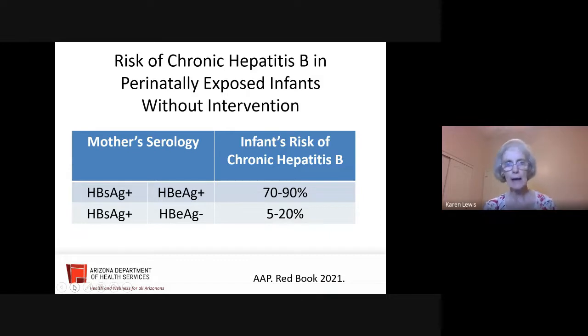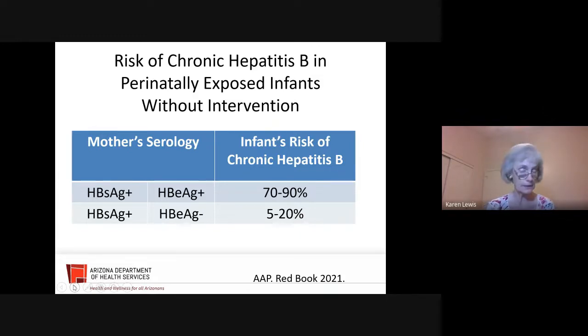Just to give you some background on perinatal infections, studies have shown that if mothers have very high viral loads, they're more likely to infect their children at birth. So mothers have either acute or chronic infection. Often it's chronic.